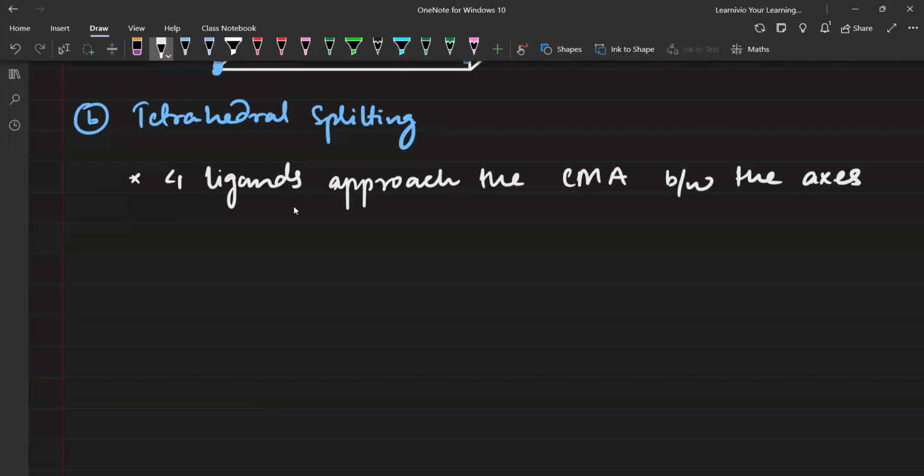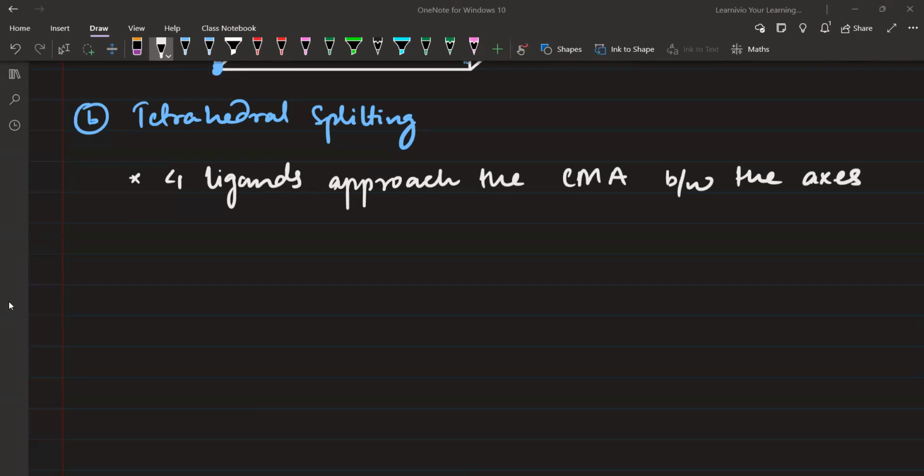I mean, not very strictly between the axes, but they are obviously in between the axes only. I mean, we cannot say anything else. They're not strictly between the axes, so that they are going to find the non-axial lobe, but they are in between that. They are not on the axis.